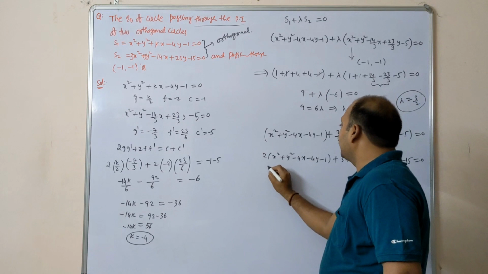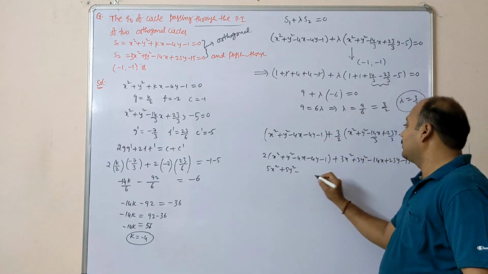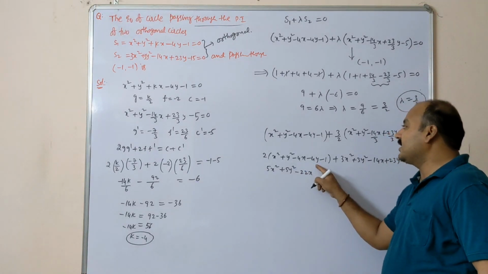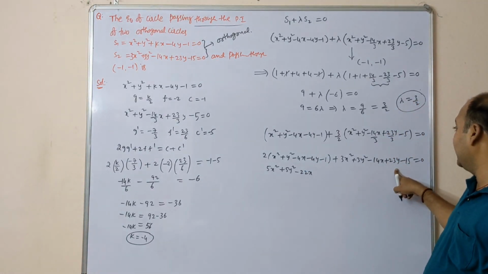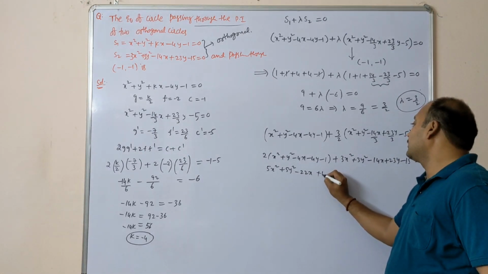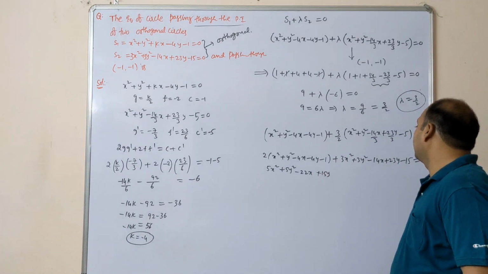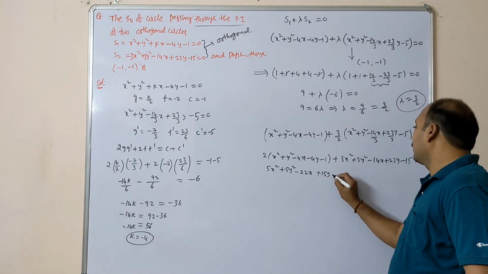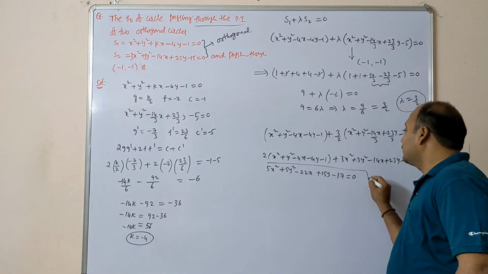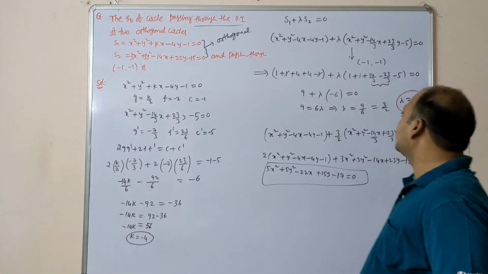So 2x square plus 3x square is 5x square, plus 5y square, minus 8x minus 14x is minus 22x, minus 8y plus 23y is plus 15y, minus 2 minus 15 is minus 17. So this is the required equation of the circle passing through minus 1 comma minus 1.